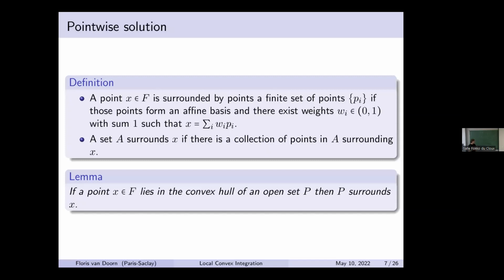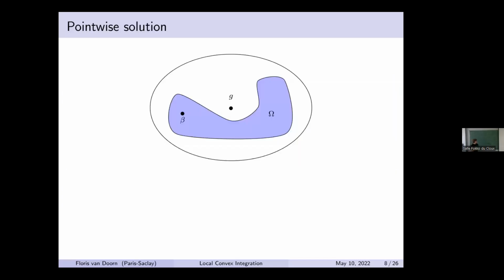So if we have a point in the convex hull of an open set, then we can find these points and these barycentric coordinates W that surround x. And so now for the pointwise version, we can do the following. So we have this G in the convex hull, this beta and omega.